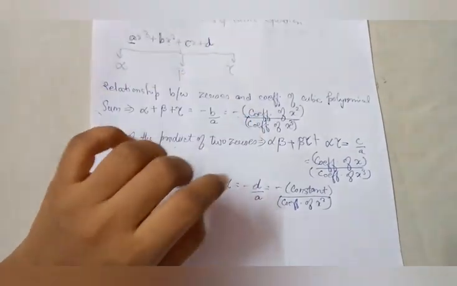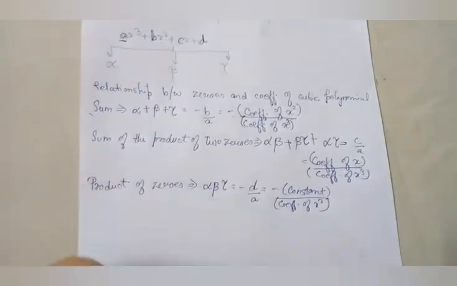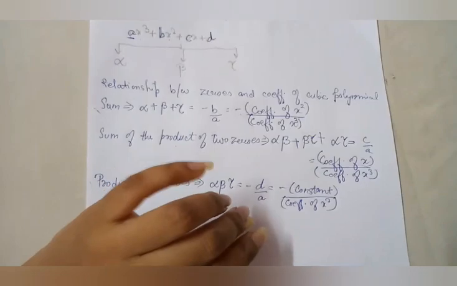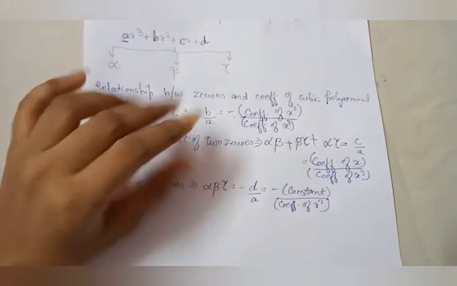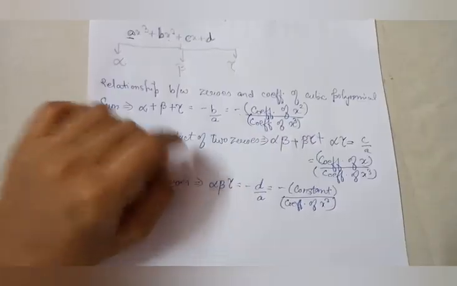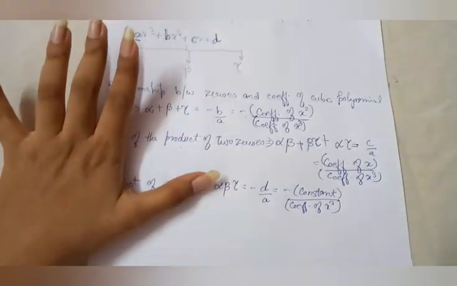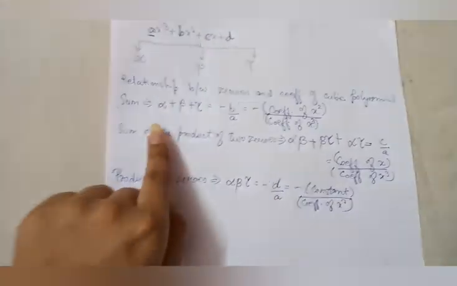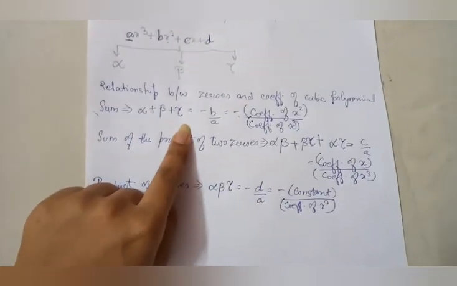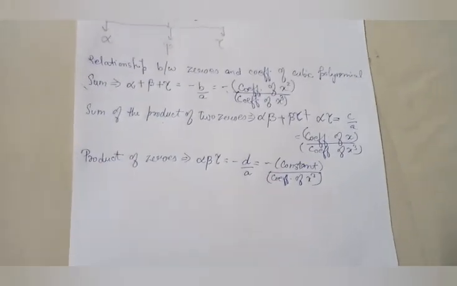It is completely the same as the quadratic equation we used to do, where we found the relationship and verified it. It is just that here there are 3 zeros. If anybody has a doubt, they can comment below.